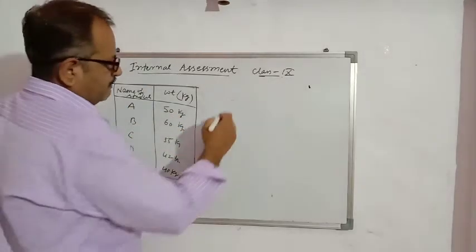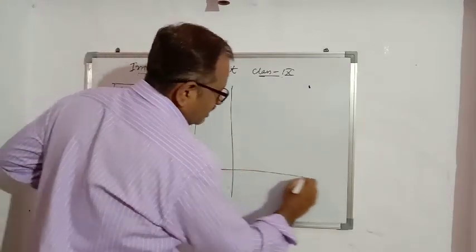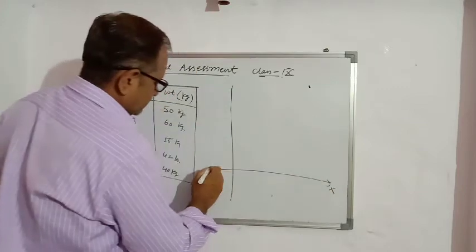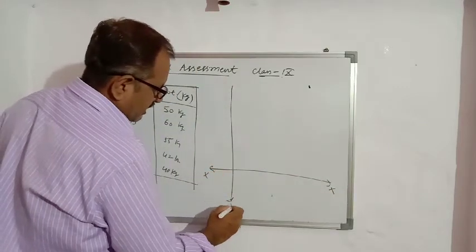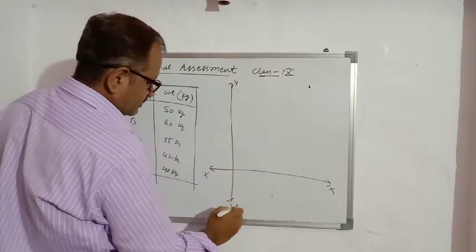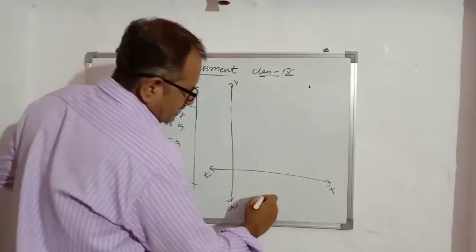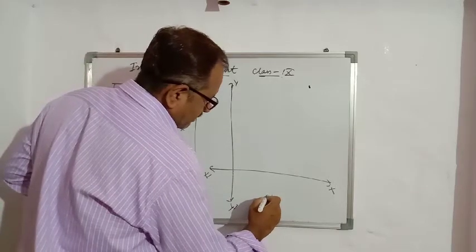Then on the graph paper, we will draw the x-axis and y-axis. At the x-axis, we have to take the name of students.